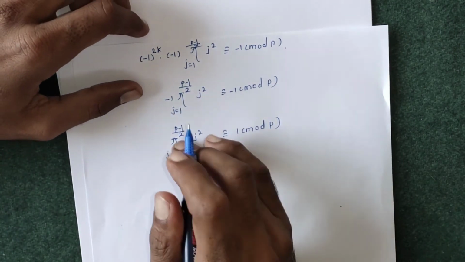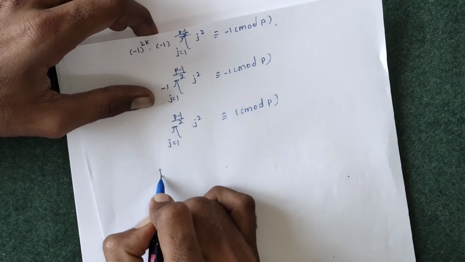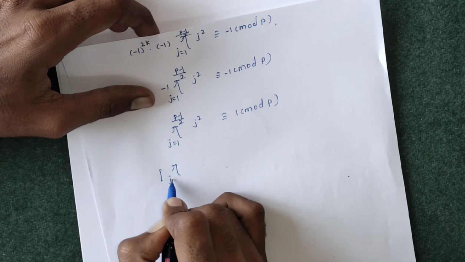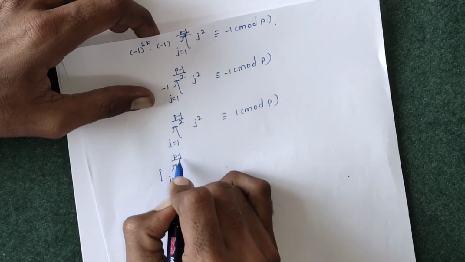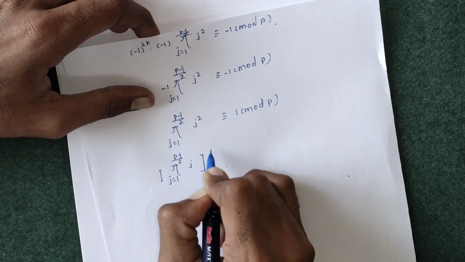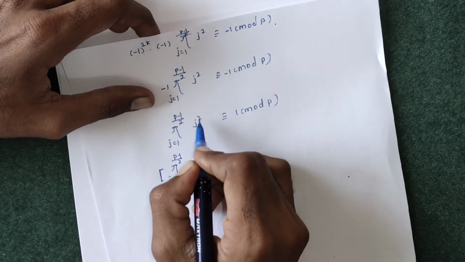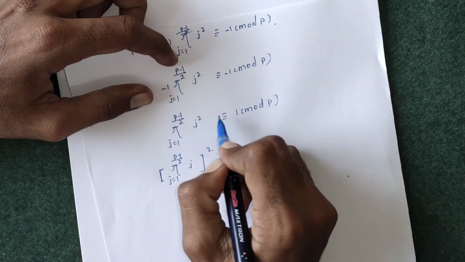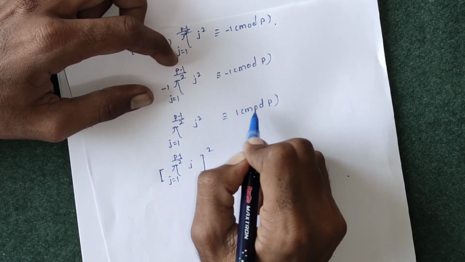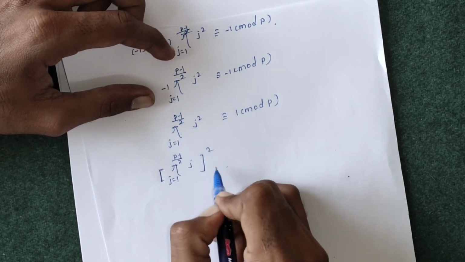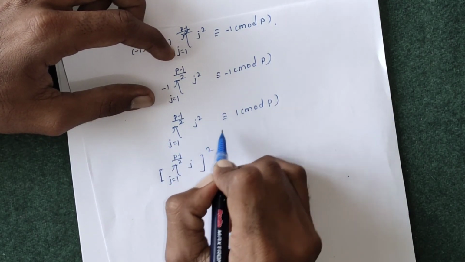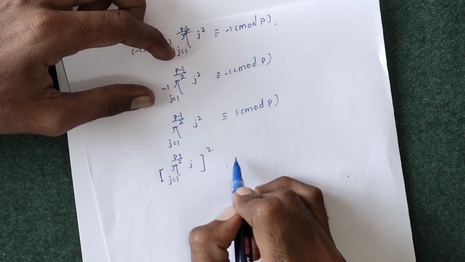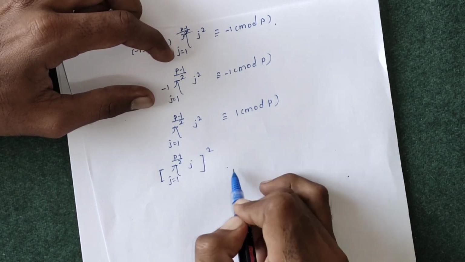So, instead of this we can write this product, j running from 1 to (p-1)/2, of j whole squared, since if we run this product we get 1² into 2² into 3² up to ((p-1)/2)². So, instead of giving square to each number, we will use the result (ab)^n is equal to a^n into b^n.